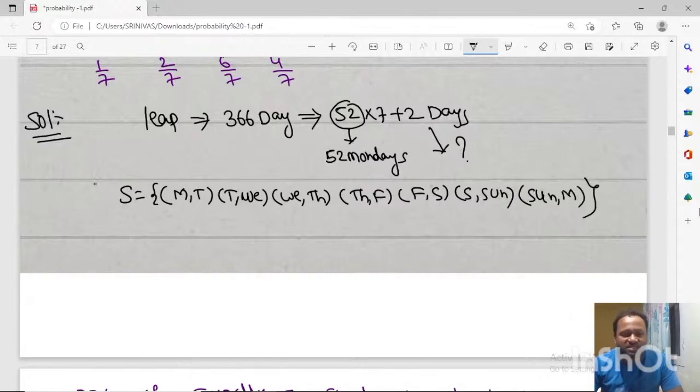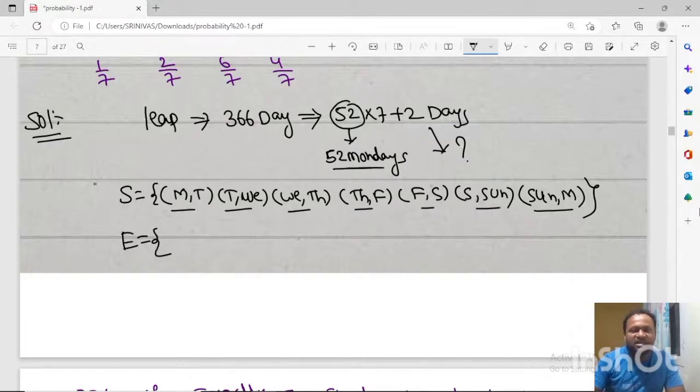These are the choices. 1, 2, 3, 4, 5, 6, 7. Total 7 choices.